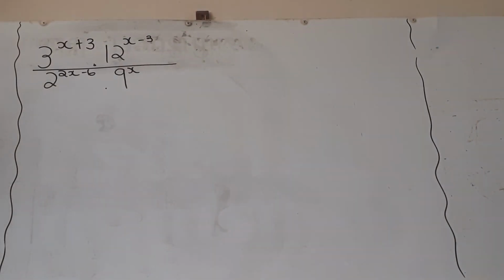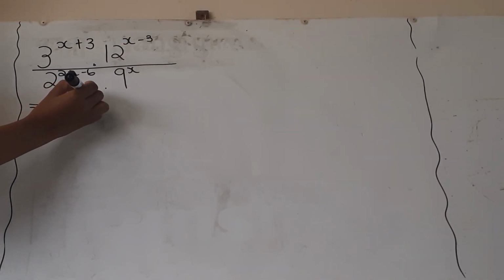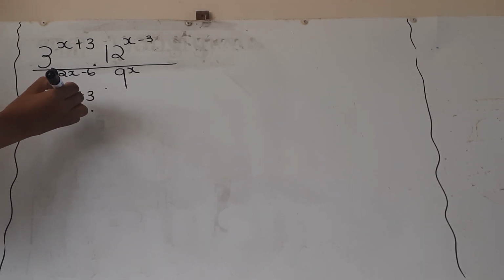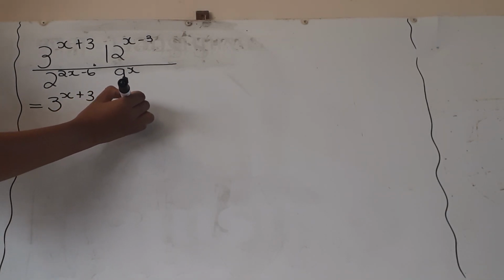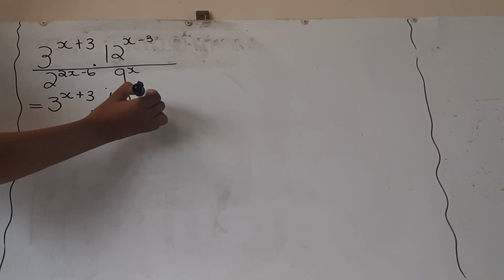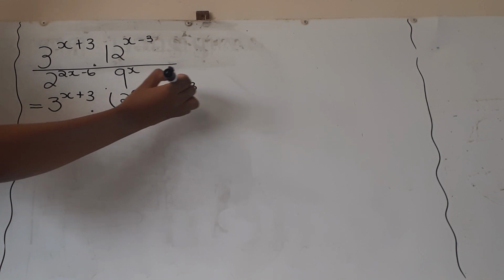So here I'm going to write 3 to the power of x plus 3 times that one. We are going to write 12 as 2 to the power of 2 times 3, all to the power of x minus 3.